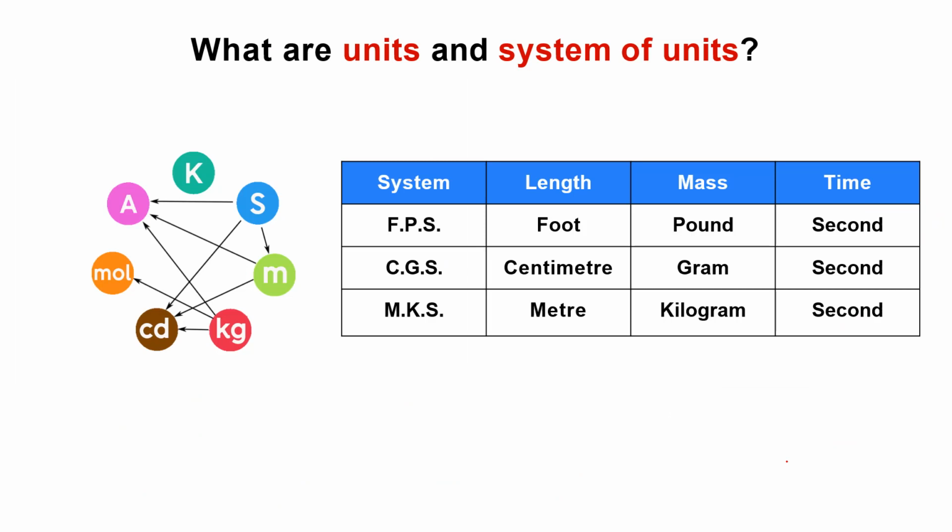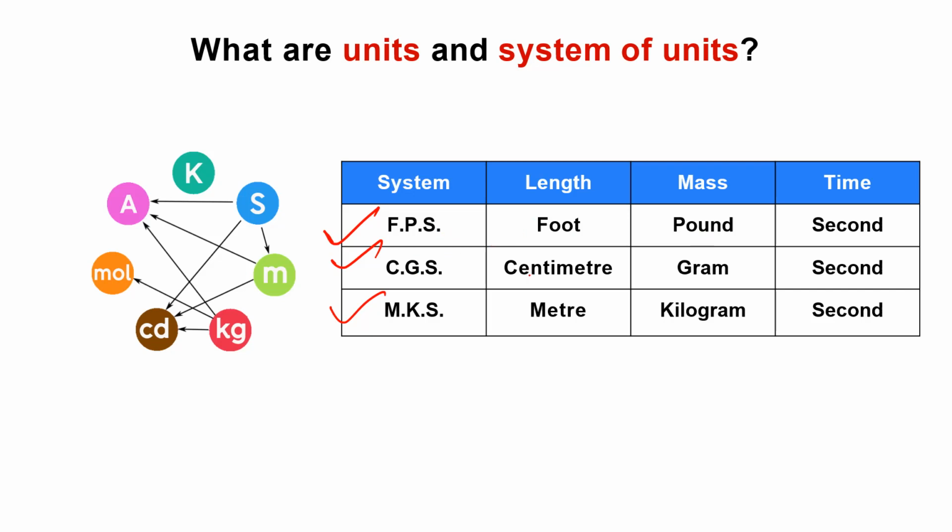There are three systems of units. One is FPS: foot, pound, second; CGS: centimeter, gram, second; and MKS: meter, kilogram, and second. Foot is used to measure length, pound is used to measure mass, and always the second is used to measure time.